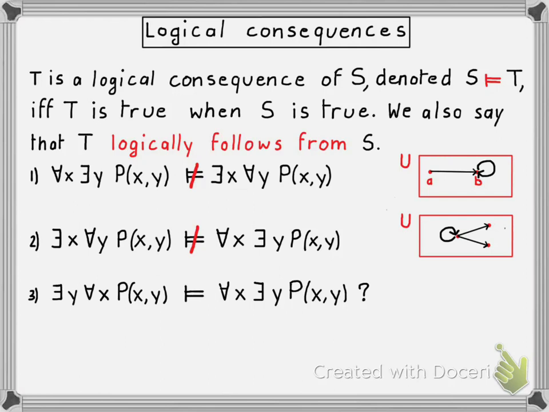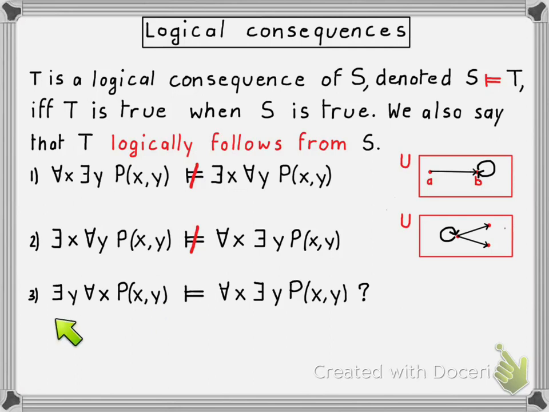We're going to argue that whenever this is true, this one must also be true. So all we do is assume that this proposition is true and see what happens. This proposition states that, remember, when P of xy holds, that means there must be an arrow from x to y in our little diagrams.